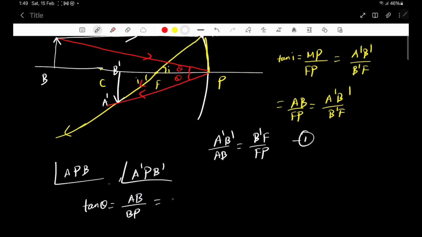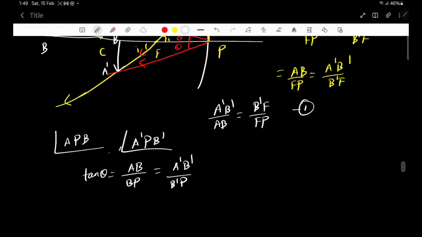The same tan theta equal to opposite side A dash B dash, adjacent side B dash P. So, again I can rearrange them into the following form: A dash B dash by AB equal to B dash P by BP. So, it is equation 2.